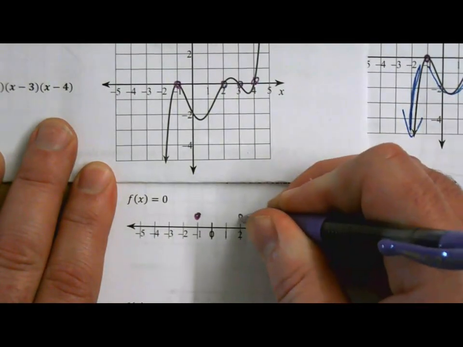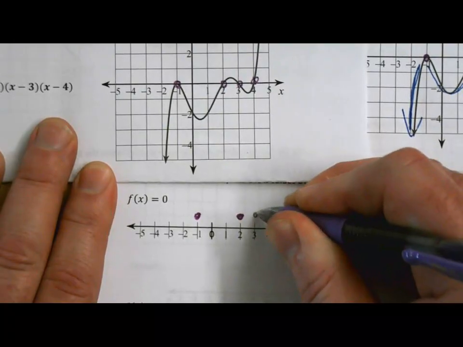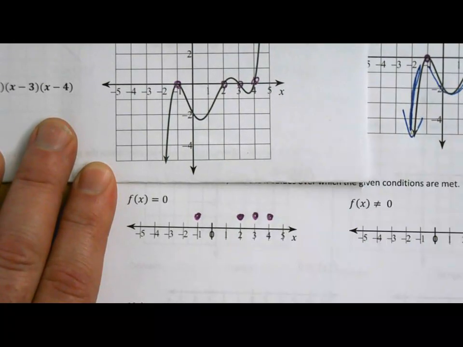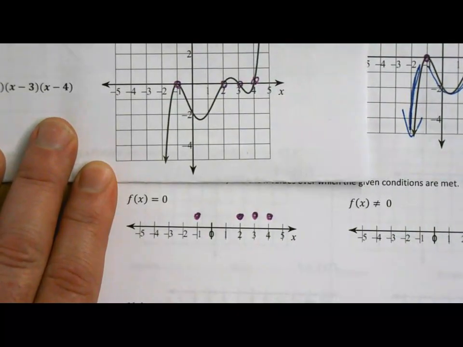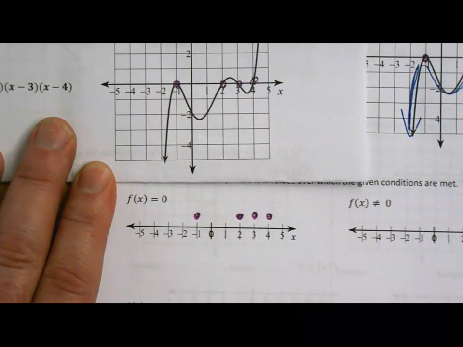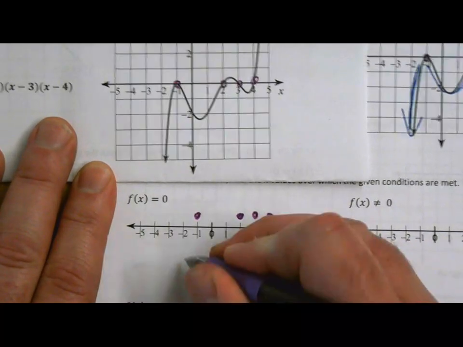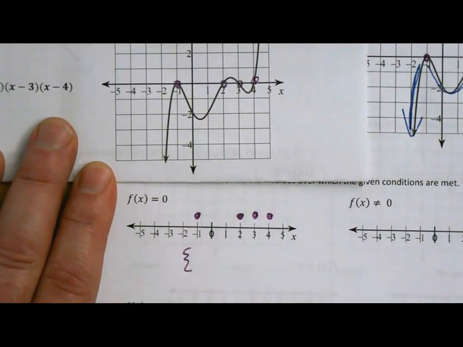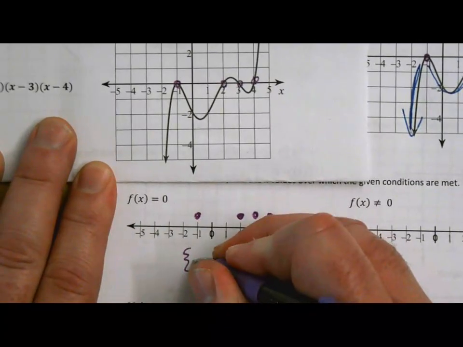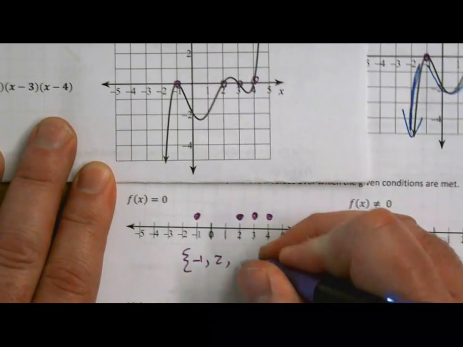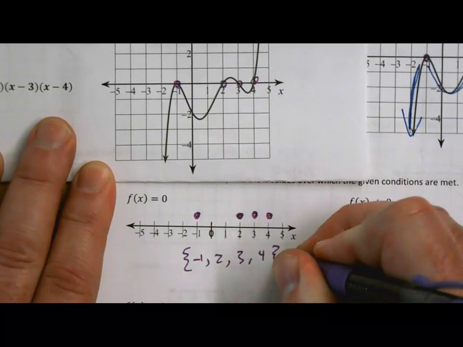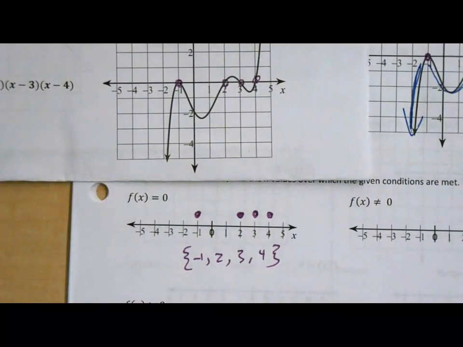I'm doing them as solid dots because they are included in the graph. And they're not regions, they're just single individual points. So when I write this in interval notation, I'm going to list them inside of these curly braces from least to greatest. So -1 and 2, 3, and 4, all with commas in between. And there's our first one.